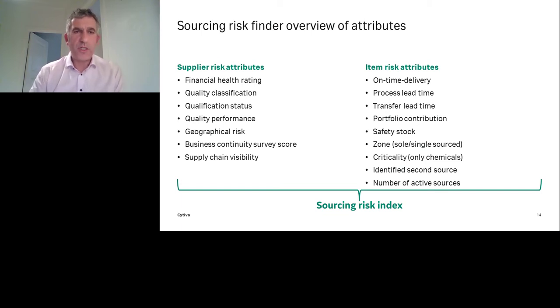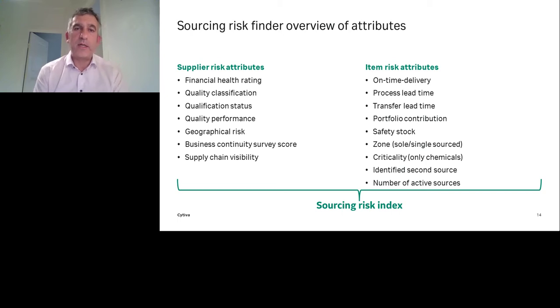We do a business continuity management survey on a subset of our high-risk suppliers in each of our factories, and that is also a factor in the Sourcing Risk Finder score, and that produces some supply chain visibility as well.